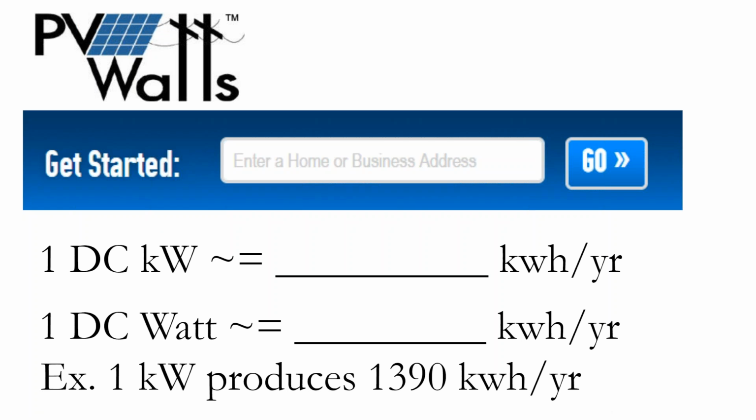So if you know how much power 1 kilowatt of solar will produce in a year, then if you know that ratio, you can perform kind of off-the-cuff energy estimates with your clients. How much will an 8 kilowatt solar array produce? Well, if I know what 1 kilowatt will do, I multiply that by 8, and I get 8 kilowatts worth of production.